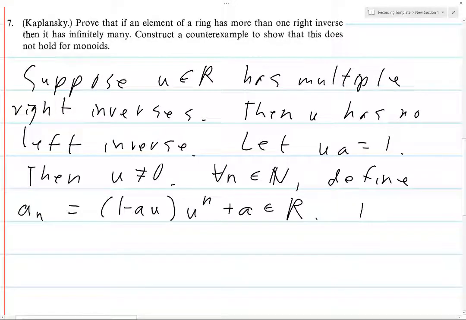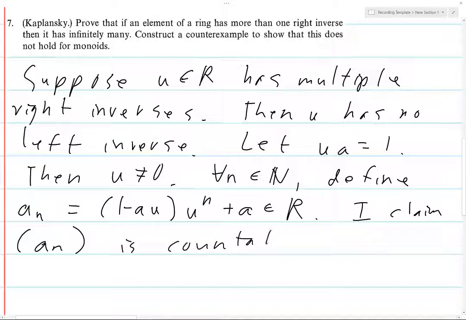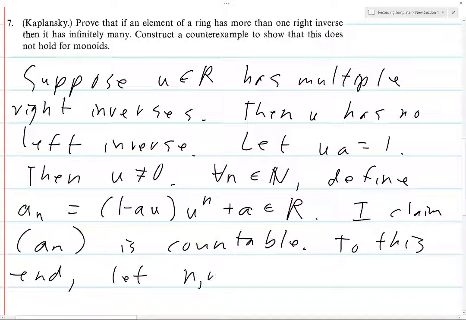I claim that the sequence of a_n where n runs over all the natural numbers is countable. To this end, let n and m be natural numbers such that, without loss of generality, n is greater than m.